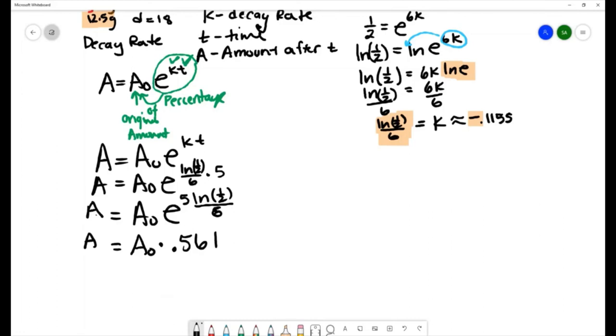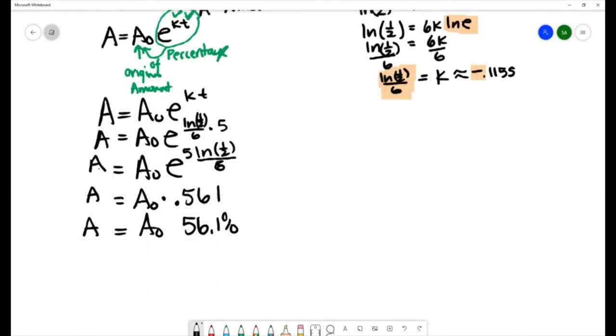So let's convert that to a percentage. That's 56.1%. And I'll write this in this order.